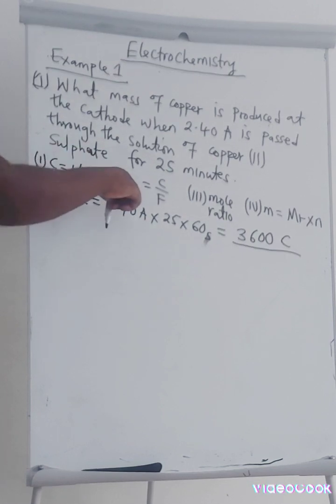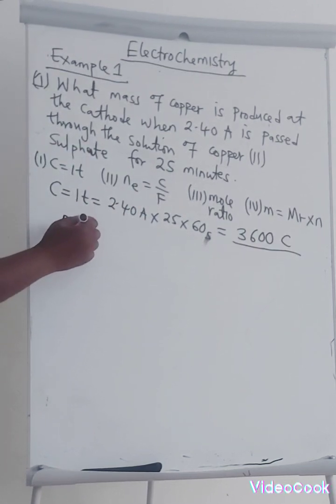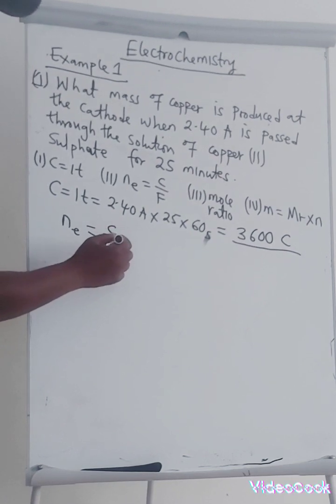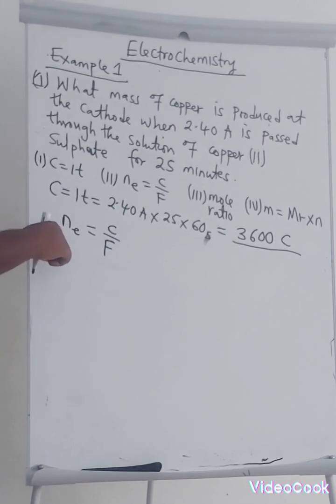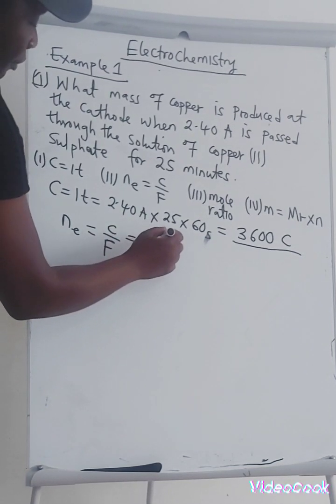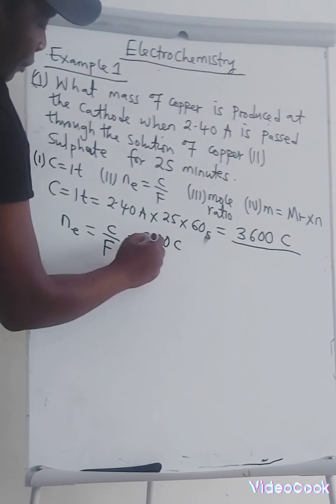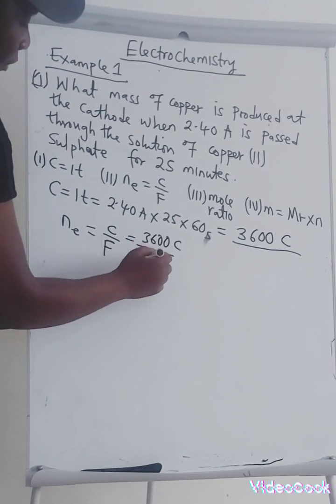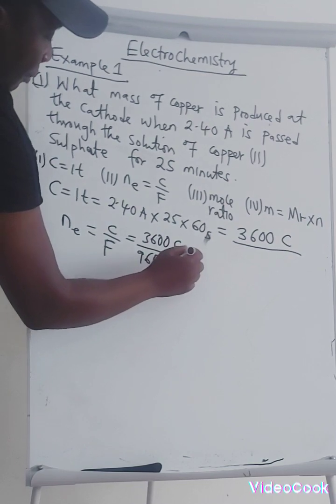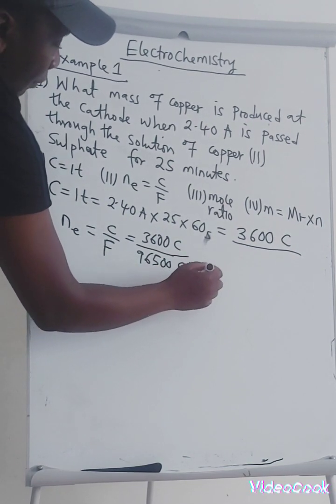Then from there we go to the number of moles. We convert the charge to the number of moles of electrons, which is C over F. That is 36,000 coulombs divided by Faraday's constant, 96,500 coulombs per mole.